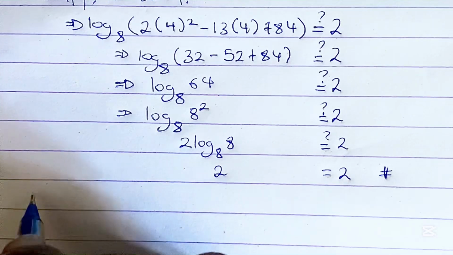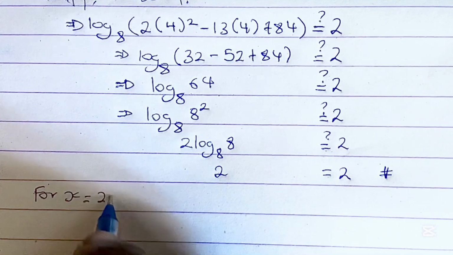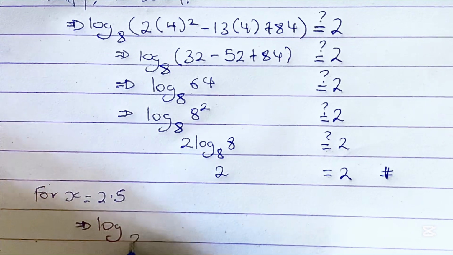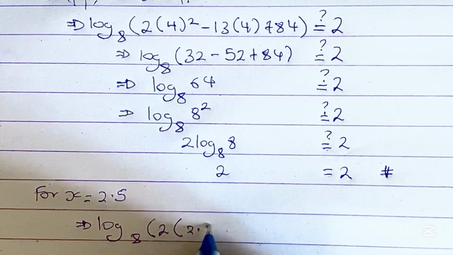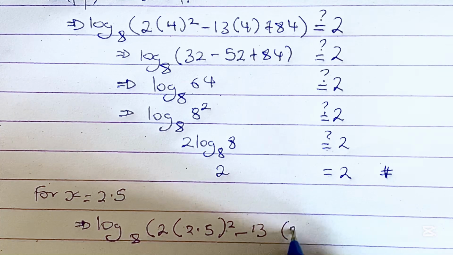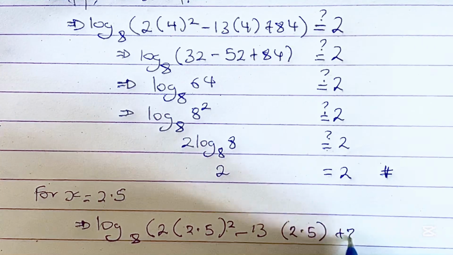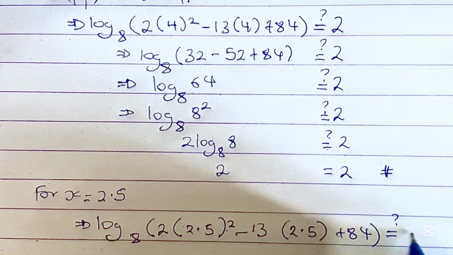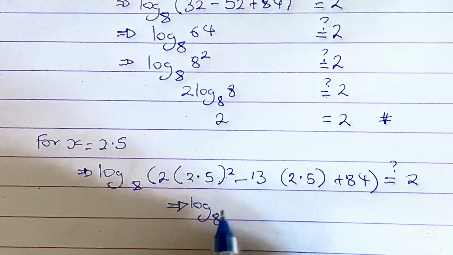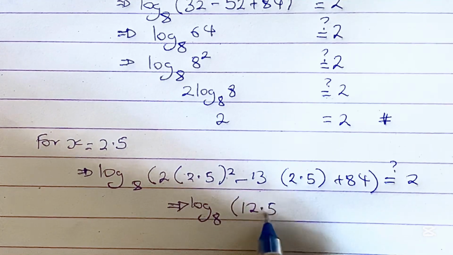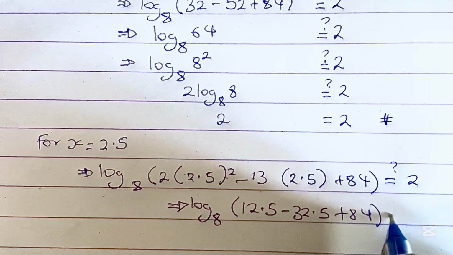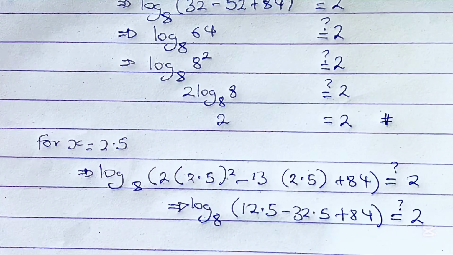Then for x is equal to 2.5, we have log 8 of 2 into 2.5 squared minus 13 into 2.5 plus 84, which should also give us 2. So log 8 of 12.5 minus 32.5 plus 84 should give us 2.